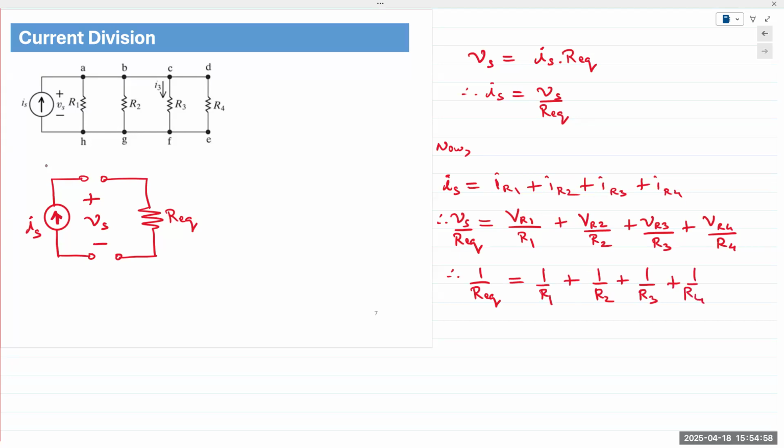Final step, which I'm assuming all of you are familiar with, the equation for REQ. REQ is equal to 1 over R1 plus 1 over R2 plus 1 over R3 plus 1 over R4, and the reciprocal or the inverse of that sum.